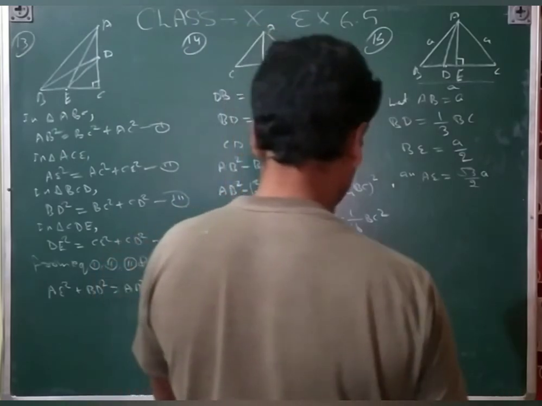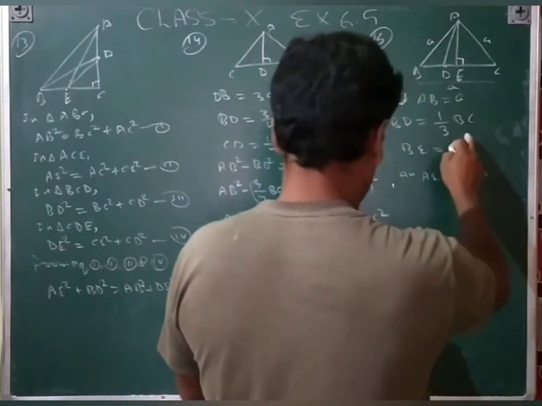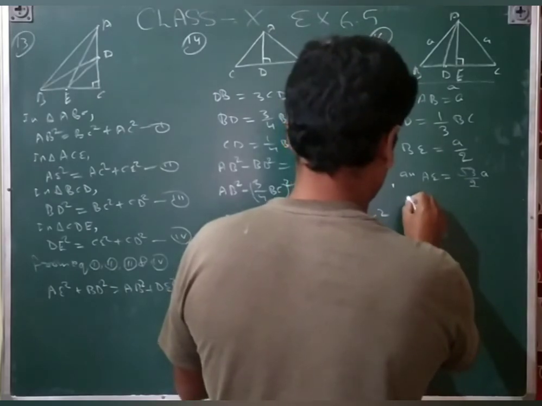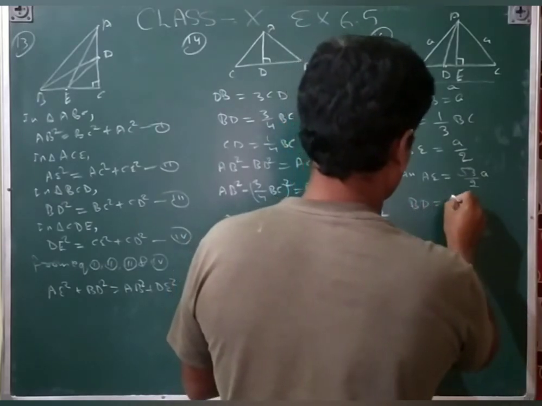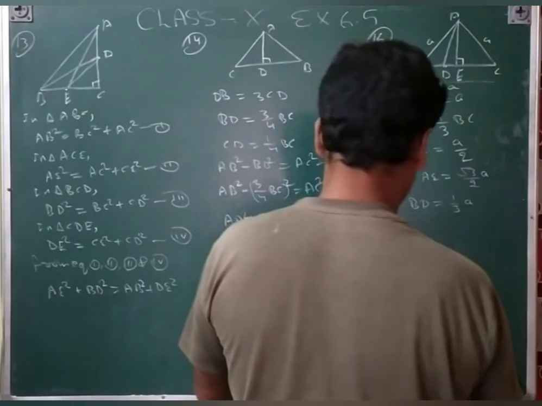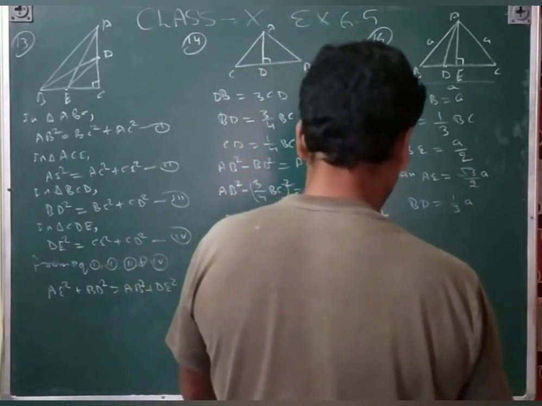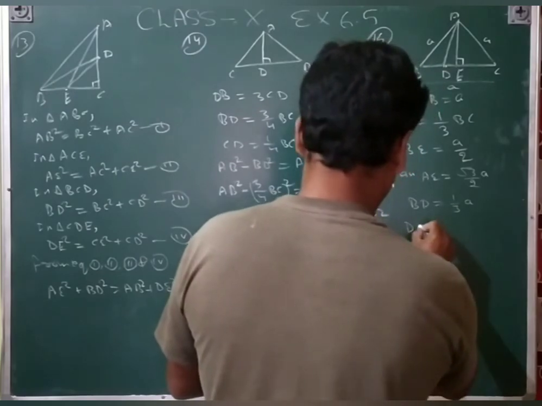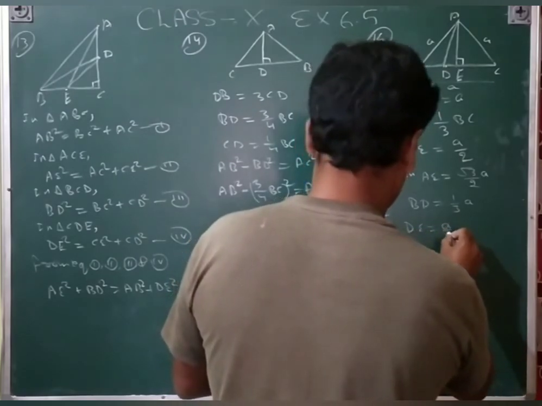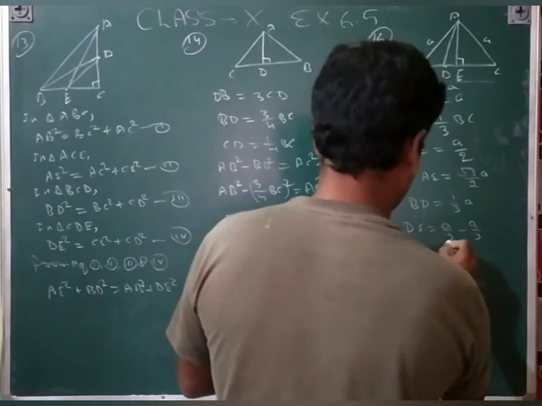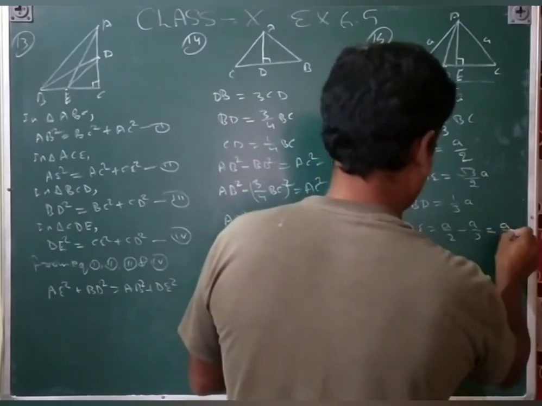After that, BD is given, so BD is equal to 1 upon 3 A. Now DE is equal to A upon 2 minus A upon 3, so that will become A upon 6.